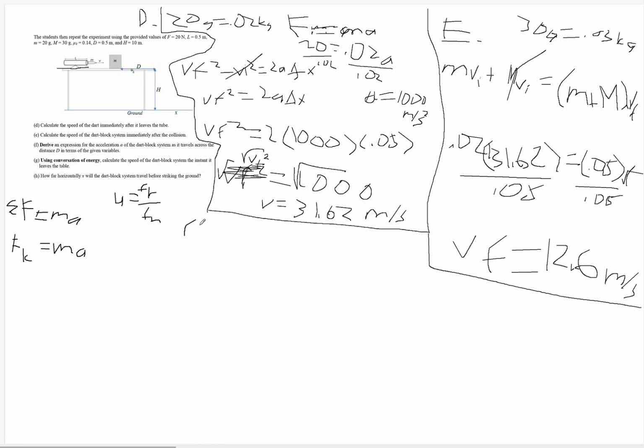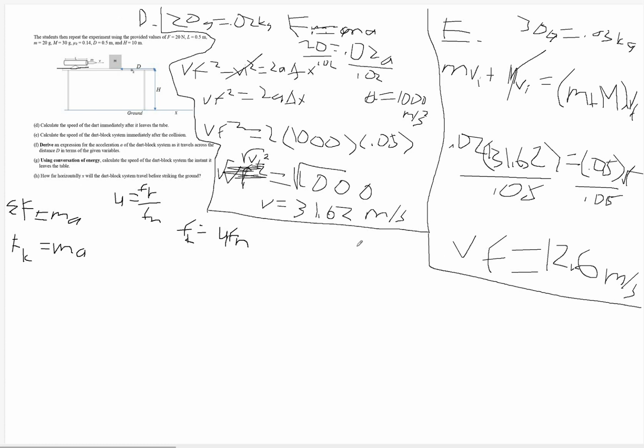So Fk is really just mu times Fn. Mu is a constant, but Fn is really just Fg, because if we look at the system right now, there's only one force acting downward on the block, and the only force acting downward on the block is gravity.